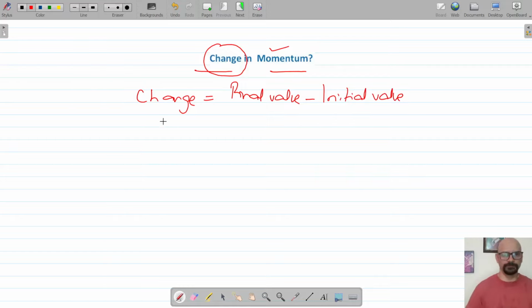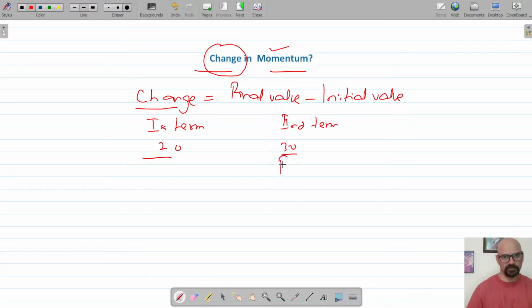How do we find the change? Let's say a student scores 20 marks out of 30 in physics in the first term, and in the second term, out of 30, he scores 30 marks.